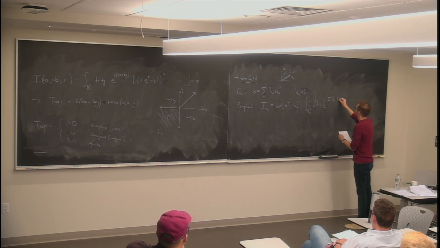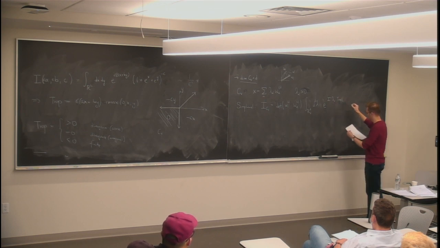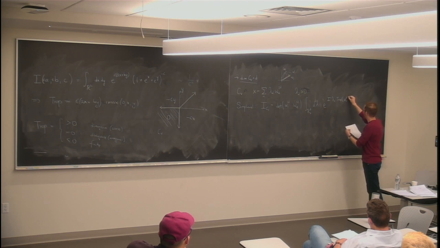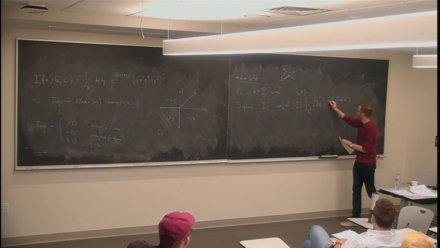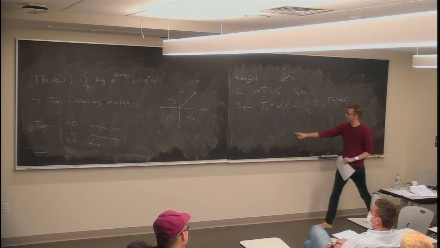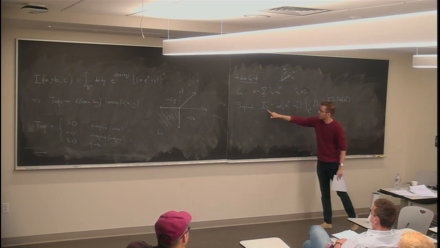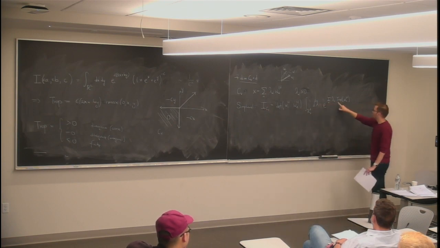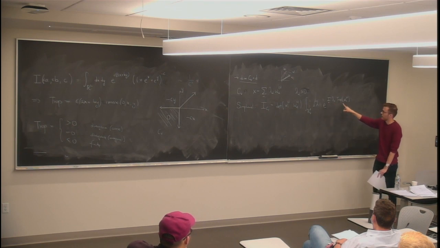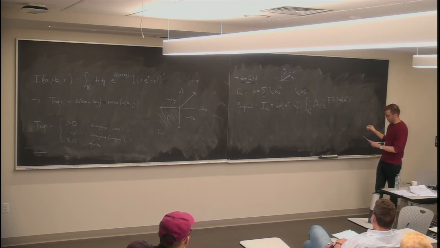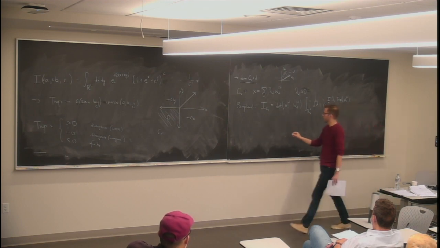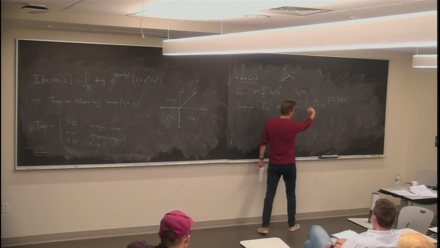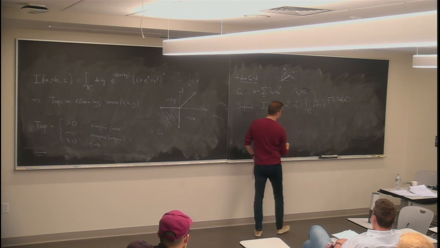Now the divergent contribution to the integrand can be approximated by this function here. We're evaluating a contribution in a given cone, and along this given cone, the integrand is dominated by this contribution here.